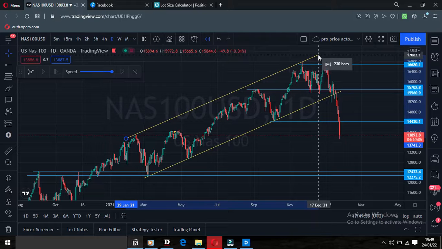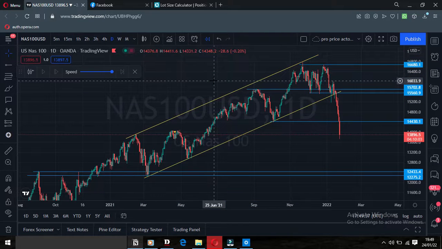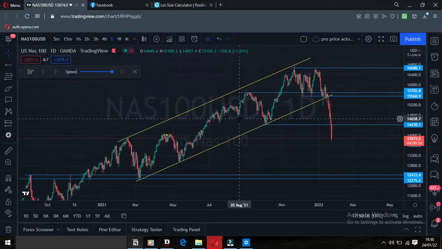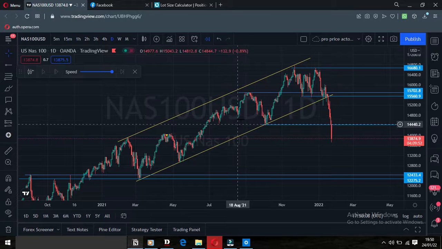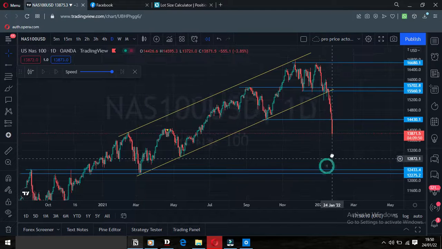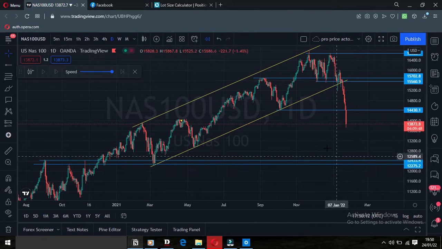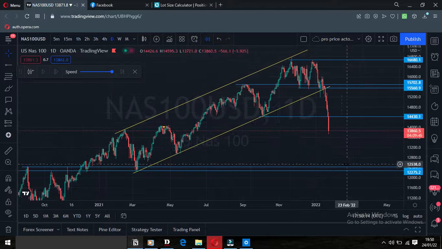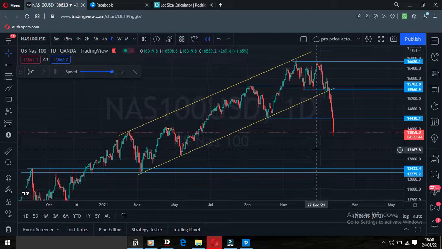I did share my analysis in the past few weeks, I think it was November or December, predicting that NAS100 might have a little bit of a crash to come and retest the lower lows over here. You can see we had our lower lows over here. So unfortunately it did happen, guys.